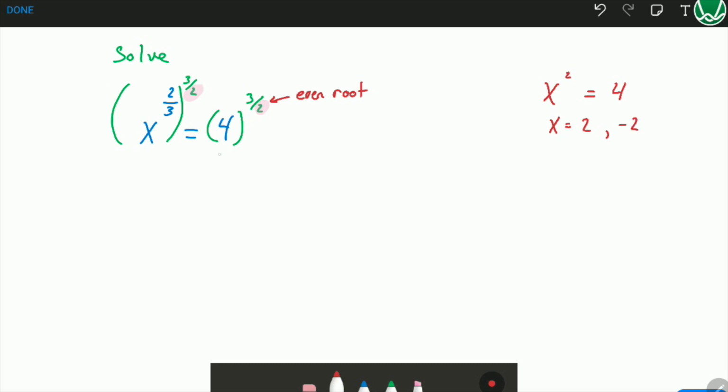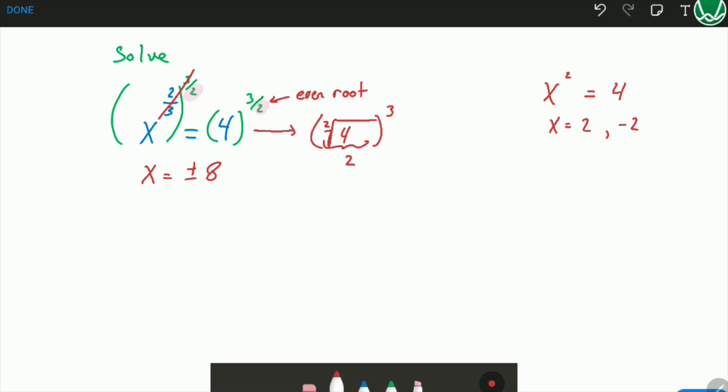We have to take that into account here as well. So if we go through and do this, the exponents cancel out, giving us x equals plus or minus the square root of 4 to the 3rd power. The square root of 4 is 2, and 2 to the 3rd power is 8. So both positive and negative 8 would actually solve this equation.